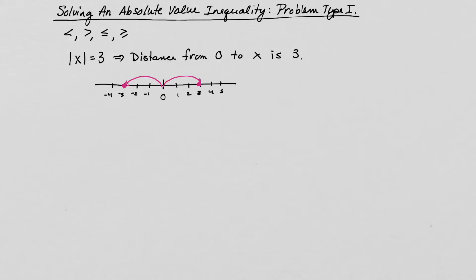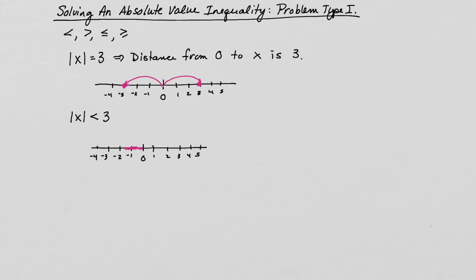So now what we're going to do is we're going to look at the absolute value of x. Let's say that that was less than 3. And so if we're talking about the absolute value of x being less than 3, we're talking about, I want all the things that are 3 or smaller. So again, if I label these, -1, -2, -3, -4. So if we want all of the things that are smaller than 3, we're talking about all the numbers this way.